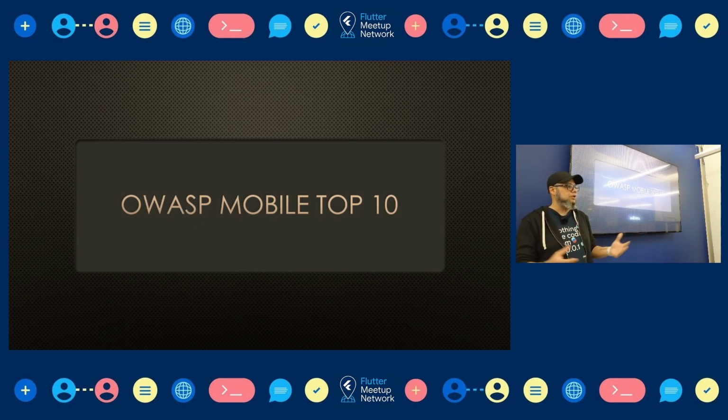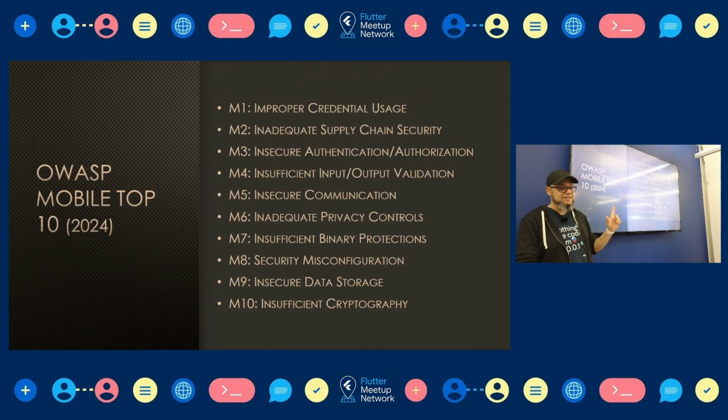I think we can all agree that mobile platforms are really everywhere, and you could argue that mobile security is even more important than web security. And when we're talking about the OWASP Mobile Top 10 list, we're talking about 10 items that are selected periodically.